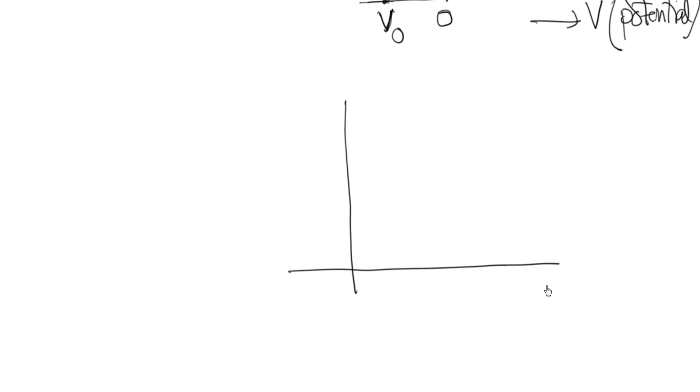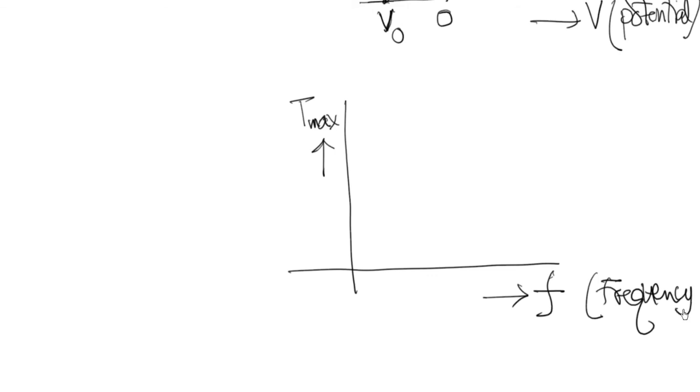Along the x direction, we plot the frequency of the light falling on the metal surface, and along the y direction we plot the maximum kinetic energy of the photoelectrons.